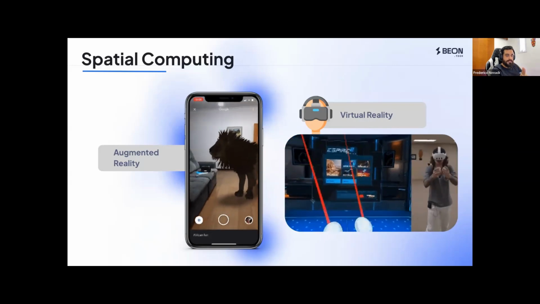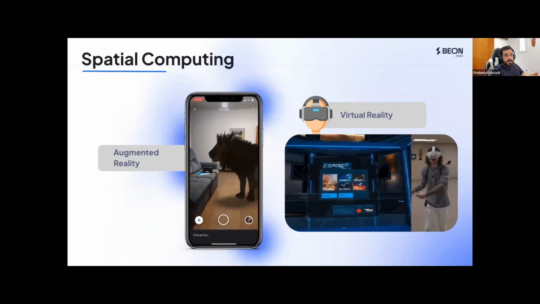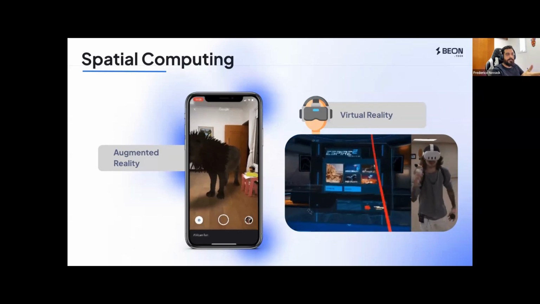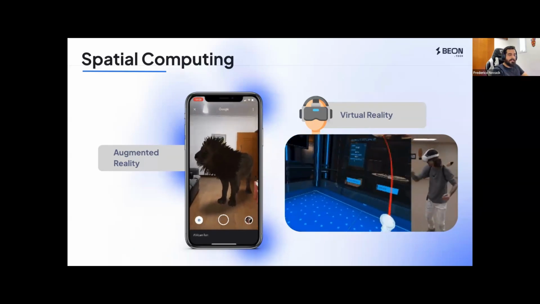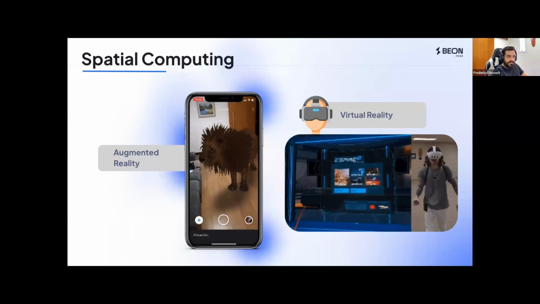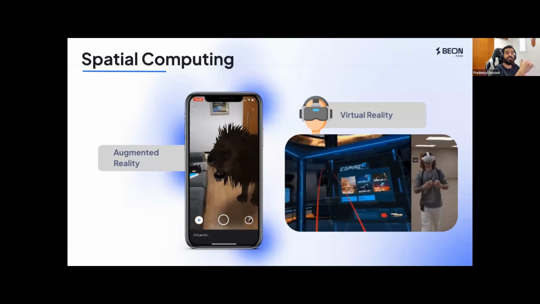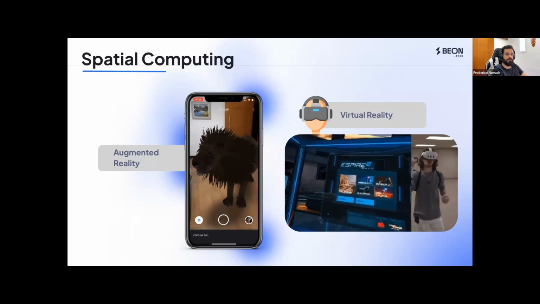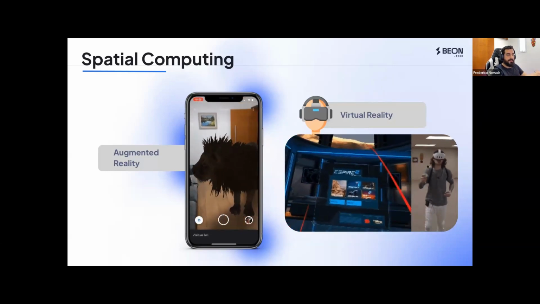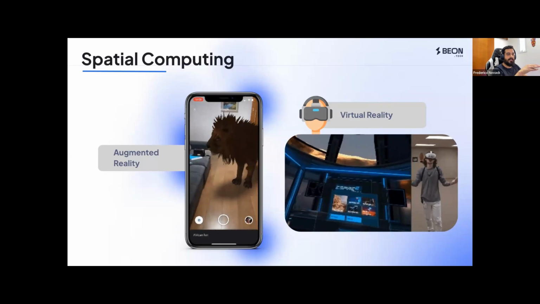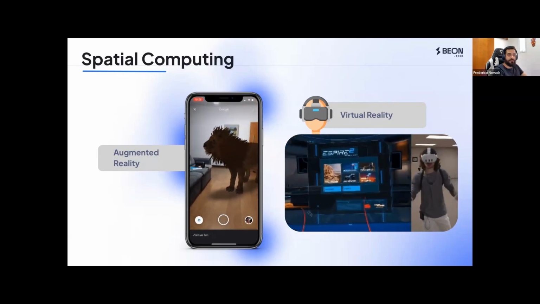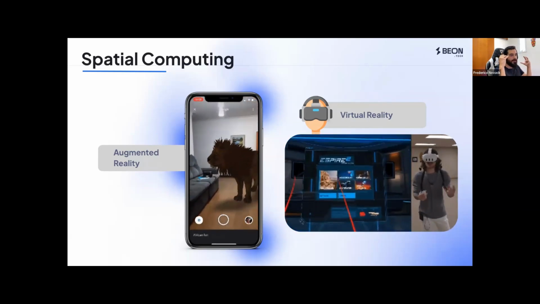And on the right side of the slide, you have an example of virtual reality. That guy is using a VR, the Quest 3. On the left side of the video, you can see that he is only seeing a digital world, a virtual world. That means he can change between VR and AR.